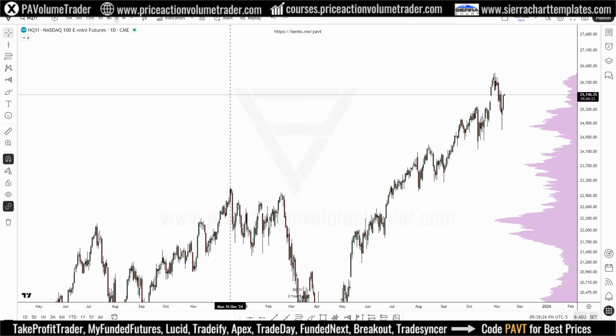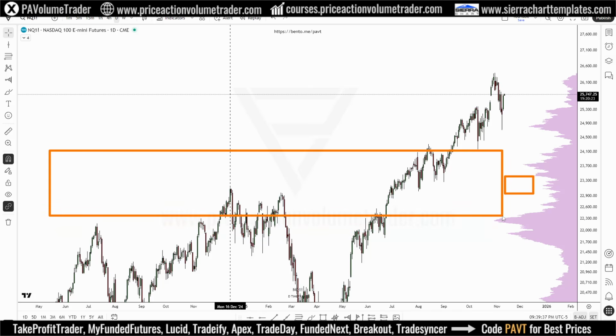But mainly I want to capture, if price comes down here, the most significant volumes and action to the left, which would encompass this whole area of previous resistance right over here, okay?